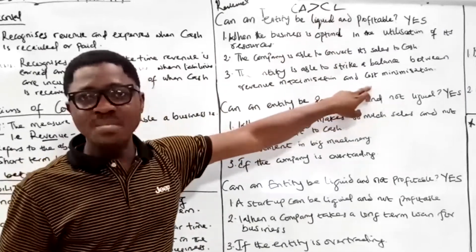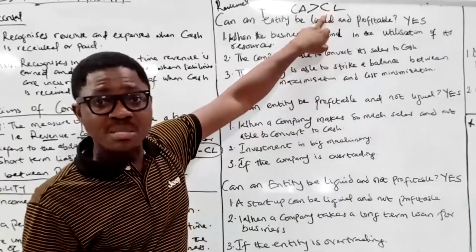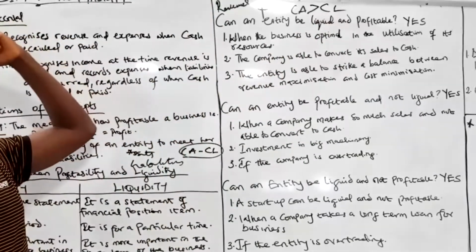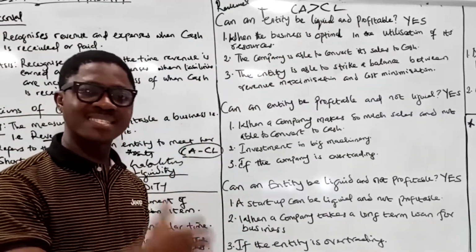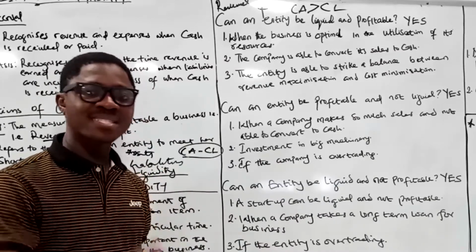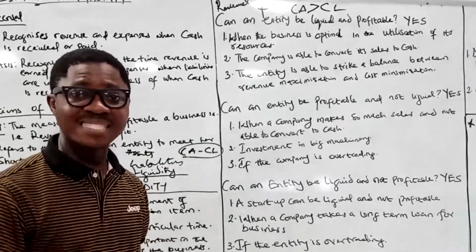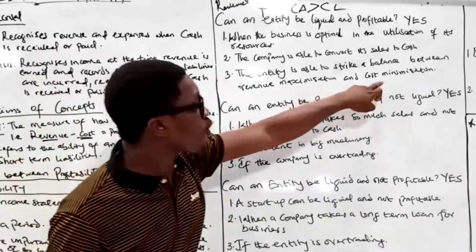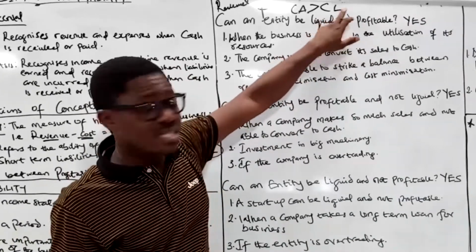If the cost is minimized, that will mean the liability will be reduced to the barest minimum. Going back to the accrual concept, it recognizes income when revenue is earned and expense as a liability. Meaning that if cost is reduced to the barest minimum, liability will also be reduced to the barest minimum.